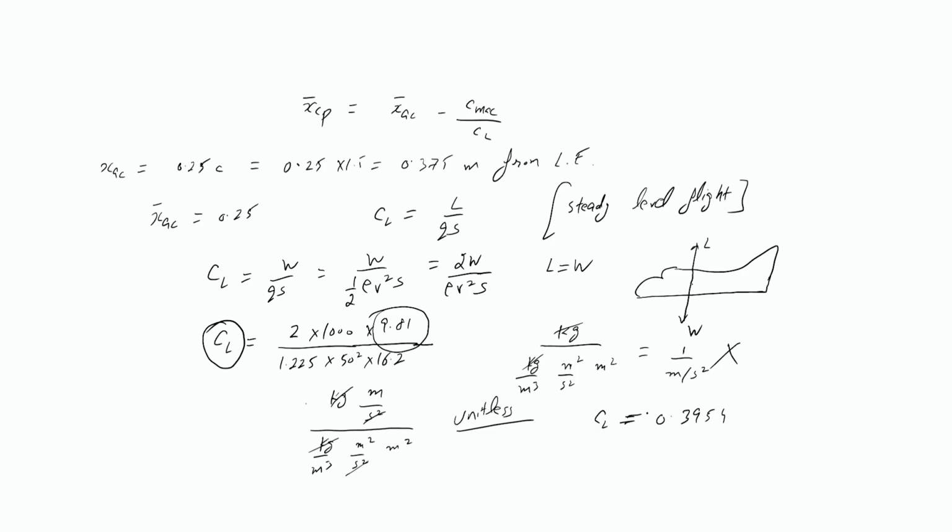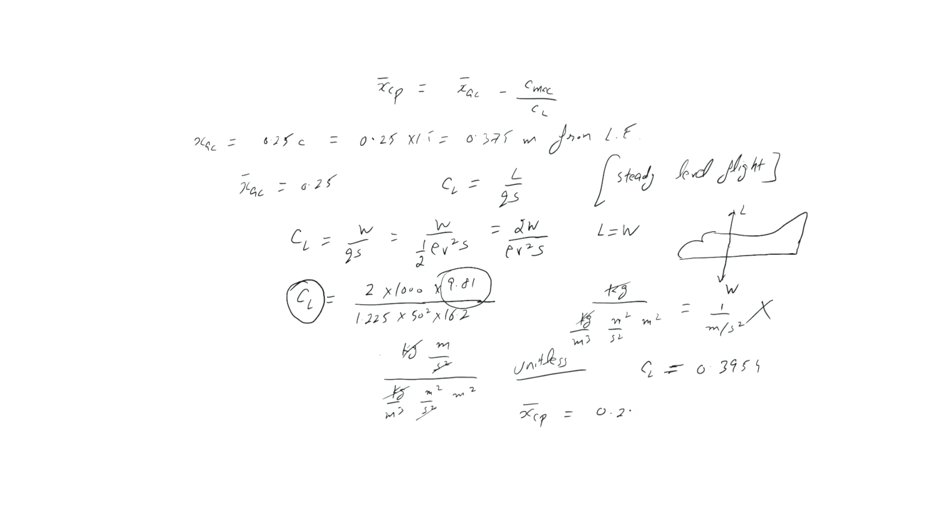Now let us find XCP bar. You have 0.25, that is the AC location, minus 0.05, which is given, divided by 0.3954. So you get approximately 0.3764.